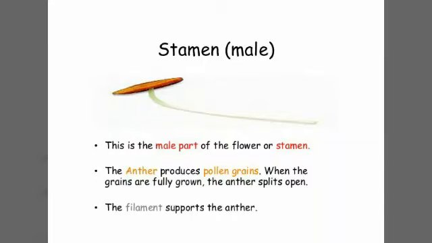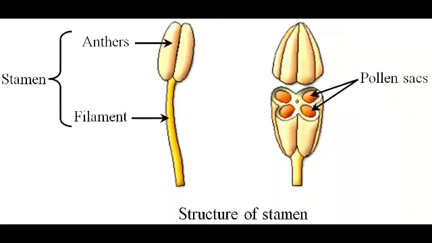When pollen grains are fully grown, they help in pollination. And the filament is a stalk-like structure which holds the anther. In this picture you can see the microsporangia which contain the pollen grains.